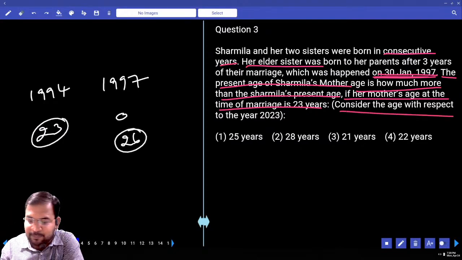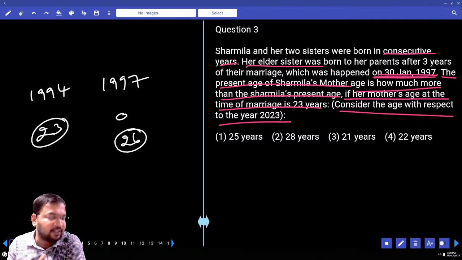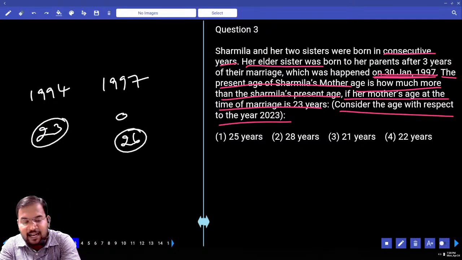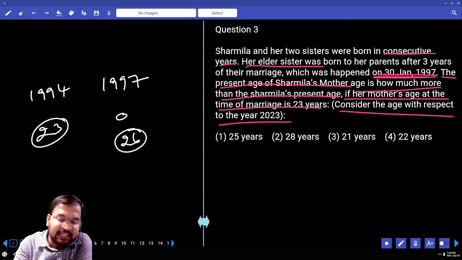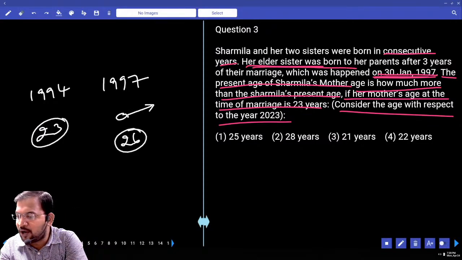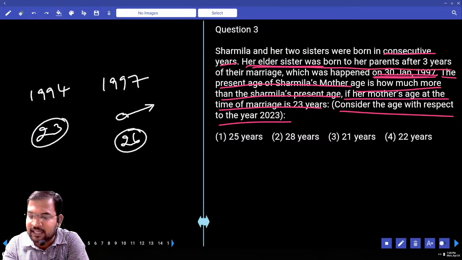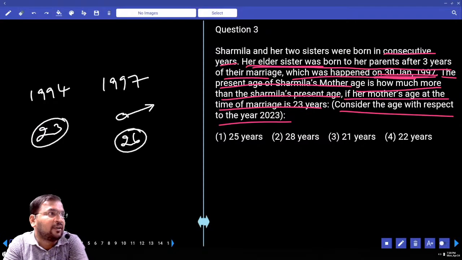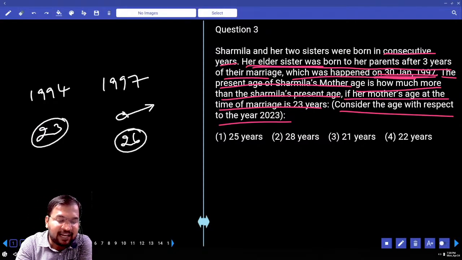Consider the age with respect to the year 2023. They compared with 2023. Now look here, all of you. 1997, Sharmila's elder sister born. Are you clear? So 1997, her elder sister was born.